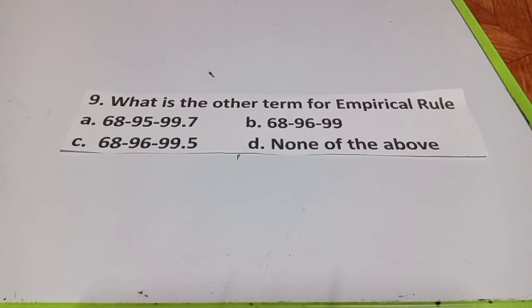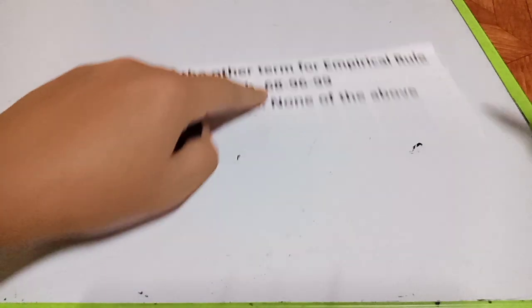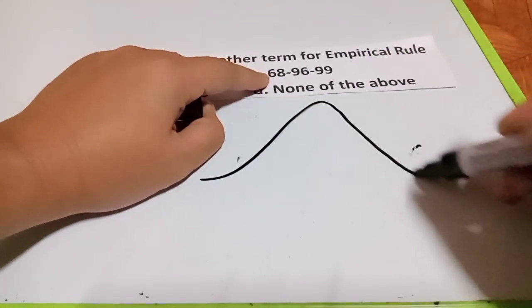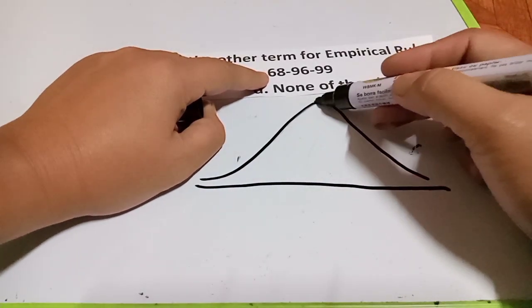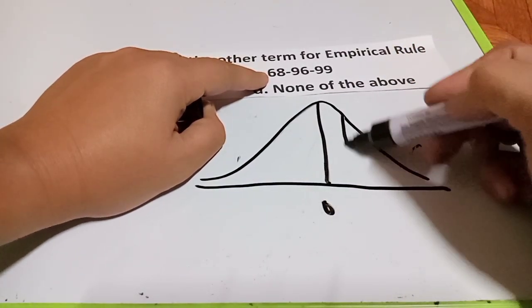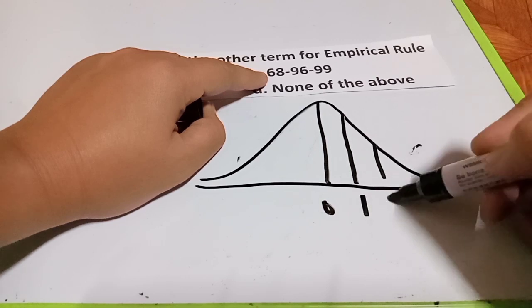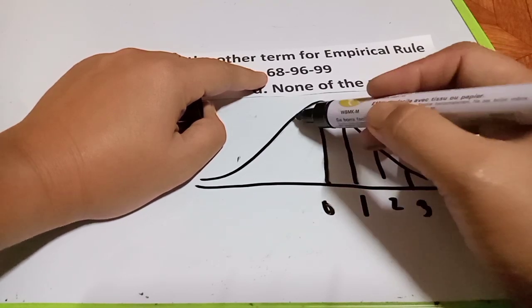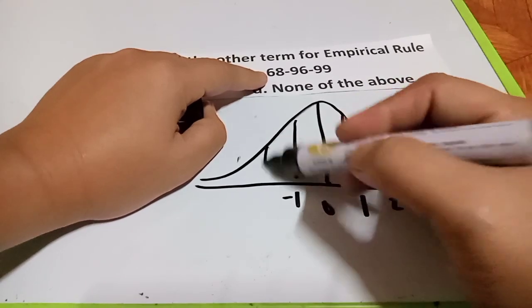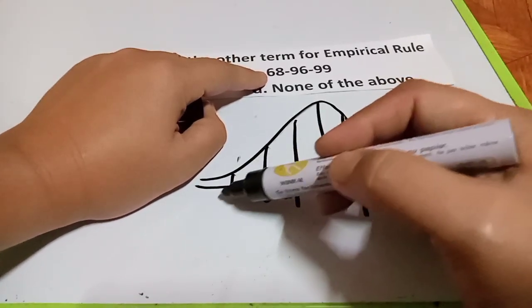What is another term for empirical rule? A, 68, 95, and 99.7. B, 68, 96, and 99. C, 68, 96, and 99.5. D, none of the above. When we speak about the empirical rule, take note, guys, you will use the normal curve again: 0, positive 1, positive 2, positive 3, and negative 1, negative 2, negative 3.